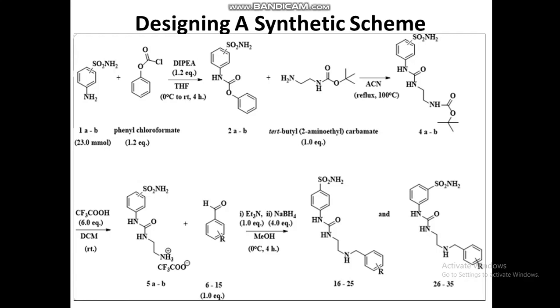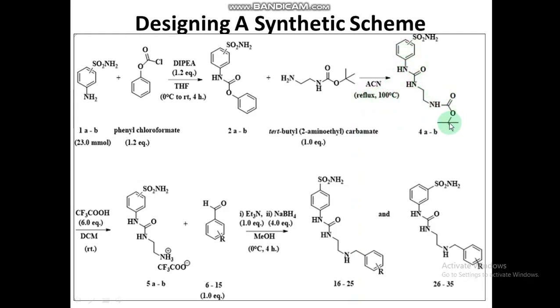By reacting with phenyl chloroformate by esterification in the presence of these conditions and solvent, it is converted into this compound, and then it is treated with tert-butyl 2-aminoethyl carbamate and refluxed at 100 degrees centigrade.